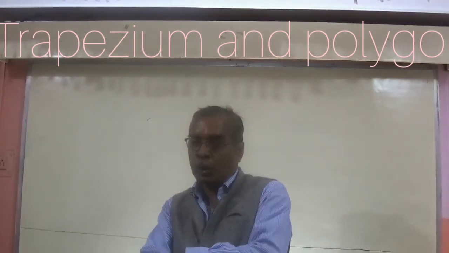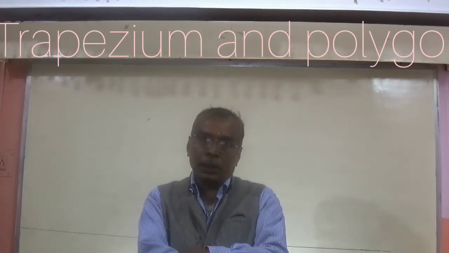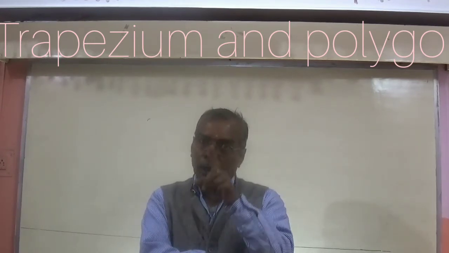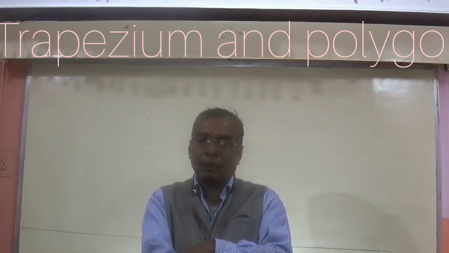Trapezium is a type of quadrilateral. Naturally it is a four-sided bounded figure, and a quadrilateral having one pair of opposite sides, only one pair of opposite sides, parallel is known as a trapezium.